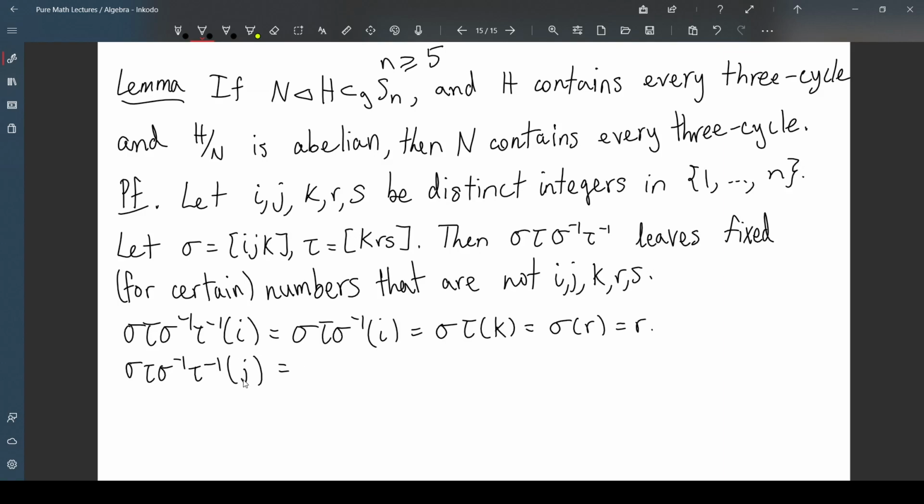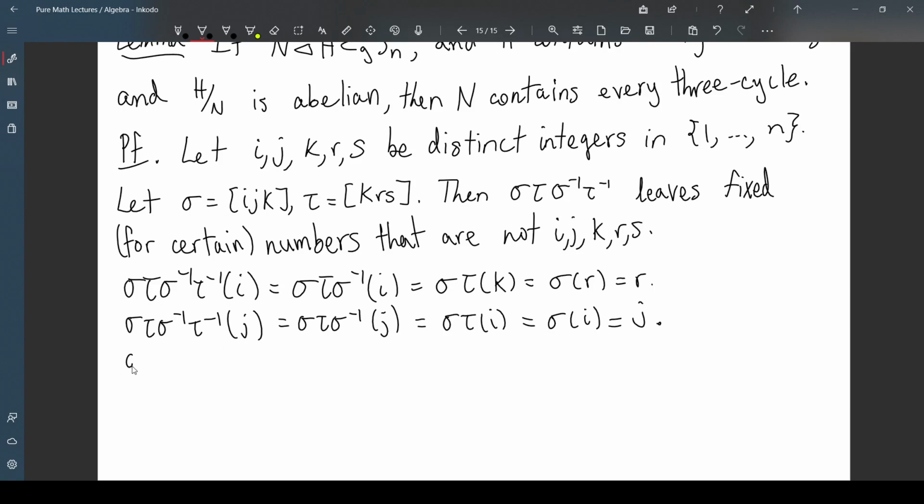Now let's look at where j gets mapped. Again, tau leaves j fixed. The inverse of sigma is going to send j to i. Tau leaves i fixed, so this is sigma of i, and sigma of i is j. So this permutation leaves j fixed.